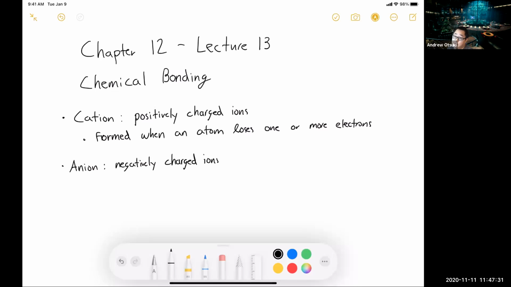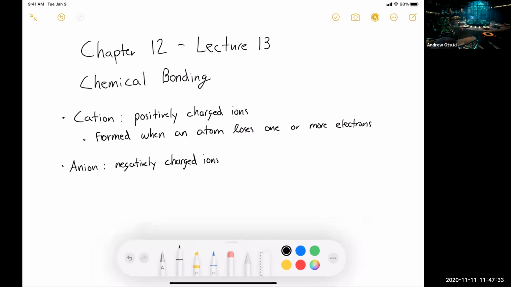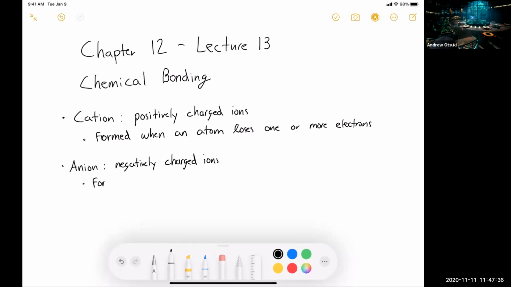We'll encounter both of these types of charges, and it's formed when an atom gains one or more electrons. So an anion is when we gain electrons. We're gaining more electrons than protons, so now our net charge is negative.